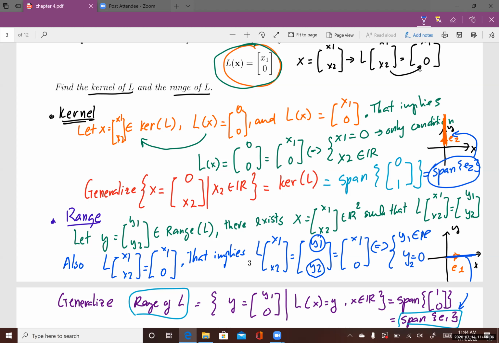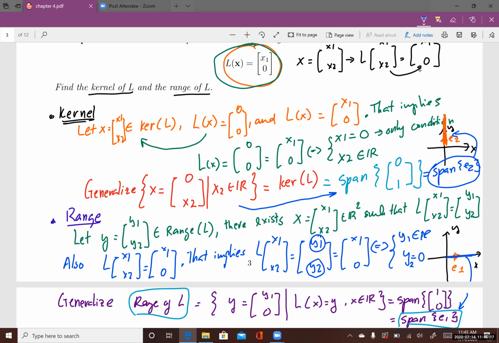So you can generalize the kernel by taking all the vectors whose x1 equals 0 and x2 can be any value, and then translate this set into a different description, using the span of a set of vectors.